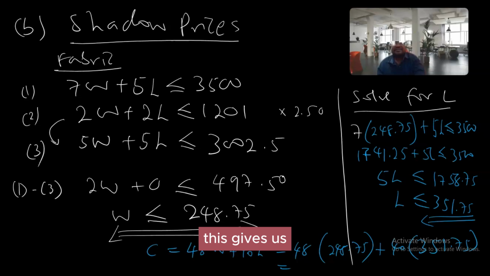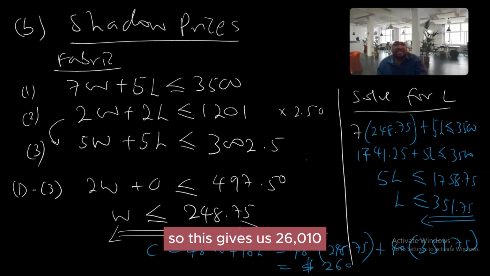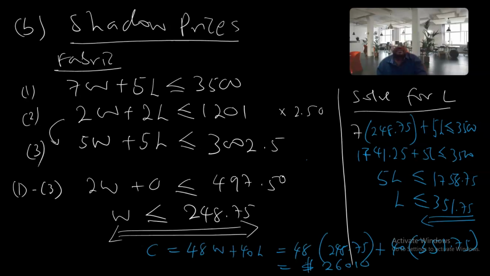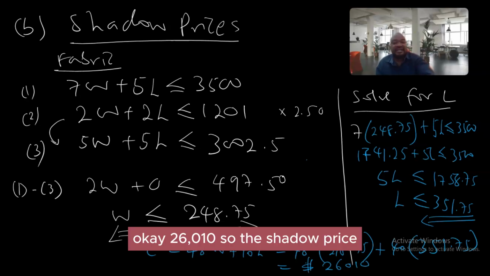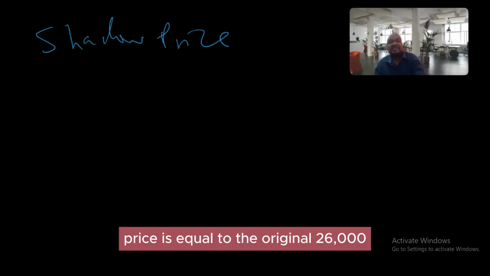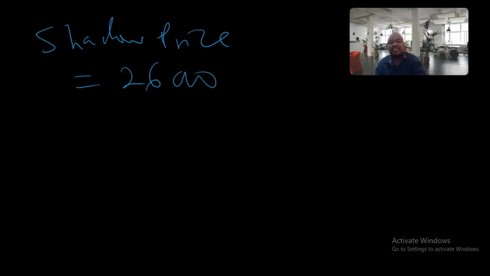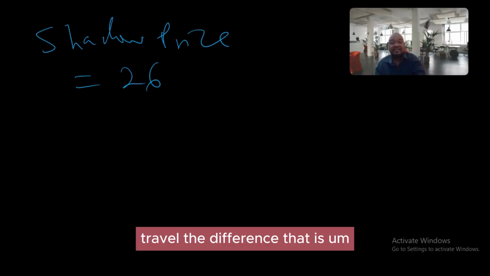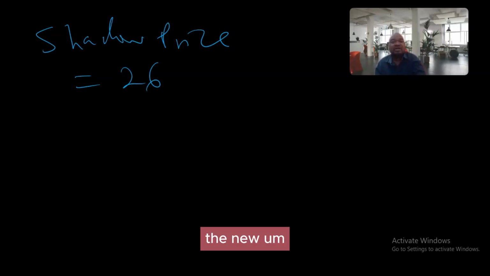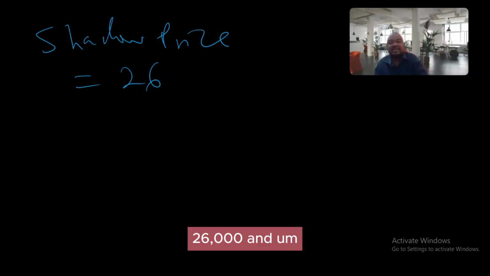This gives us 26,010. So the shadow price is equal to the difference between the new contribution of 26,010 and the original 26,000.